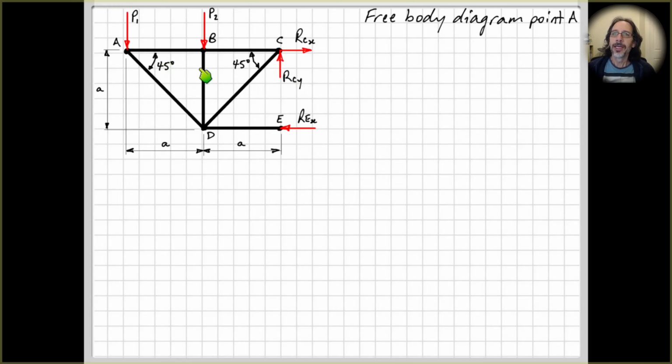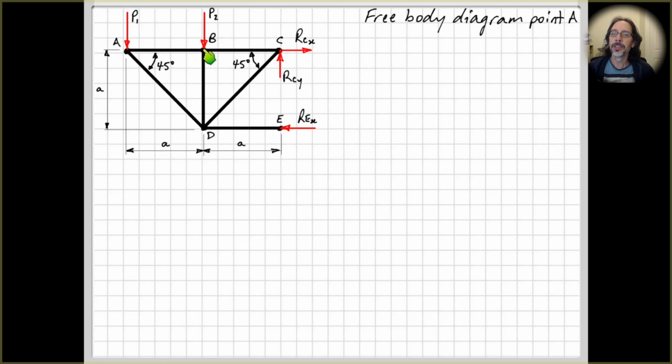So as I was saying before, you don't actually have to work out these reaction forces in order to apply the method of joints. So if we go over here to joint A, we've got one force applied and two members attached. So here, if we apply our force equations of equilibrium, we should be able to work out these two unknown forces.